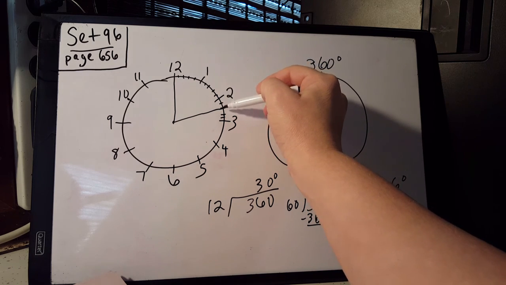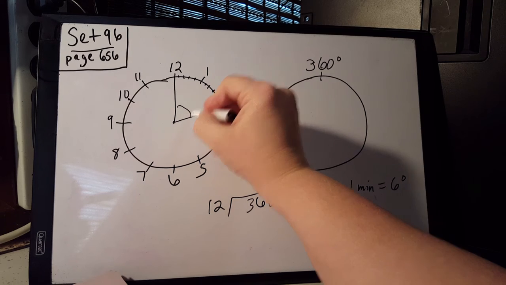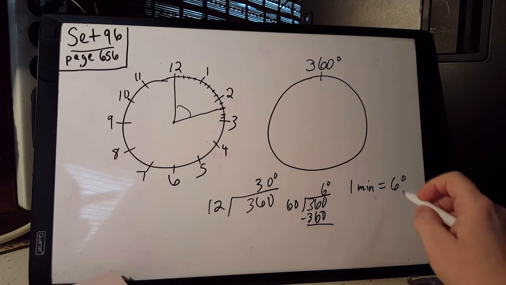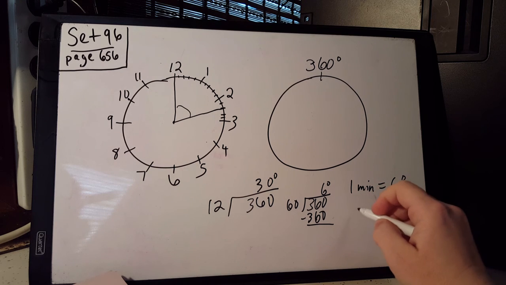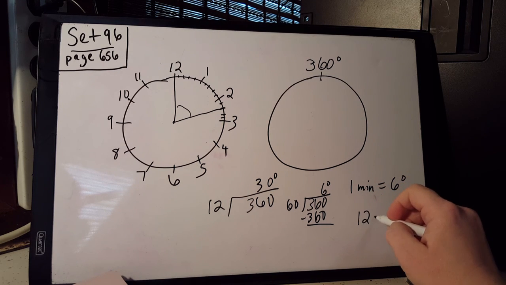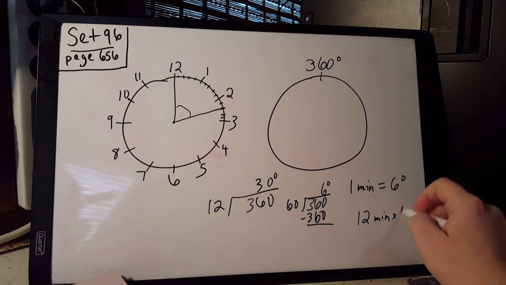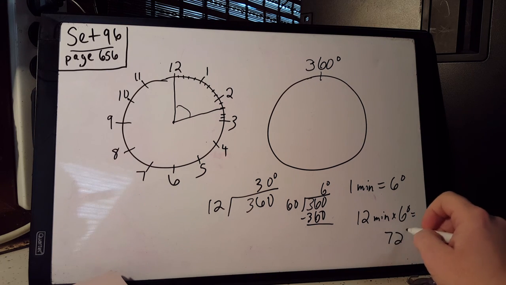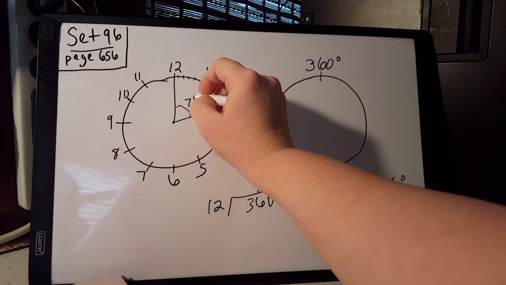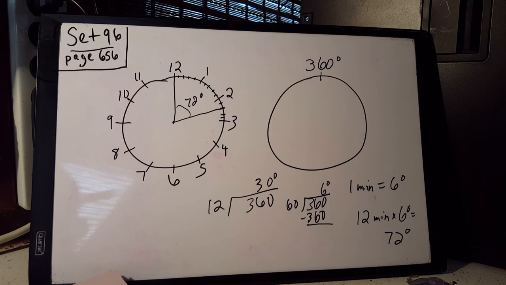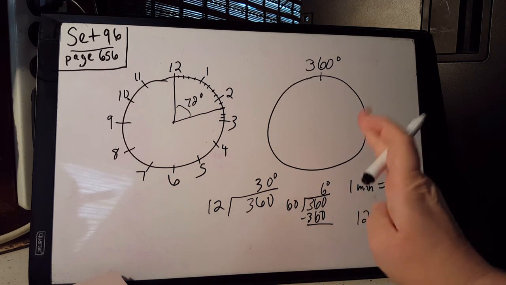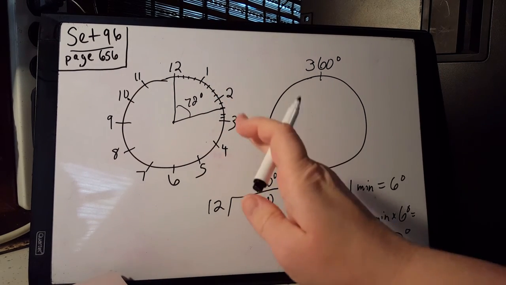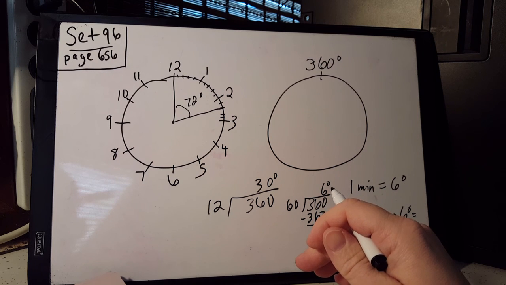That's 12 little tick marks from here to here. So we could take our knowledge of this. Each little mark is 6 degrees. So if 1 minute is 6 degrees, 12 minutes times 6 degrees each would be 72 degrees. So this is a 72 degree angle. And so you can equate what you know about degrees and divide that up among the divisions that are already on a clock to actually figure out the measurements of that.